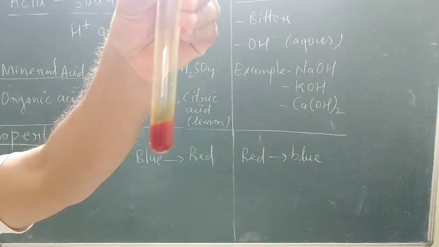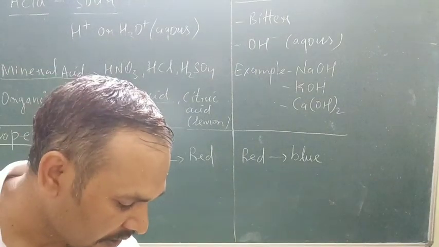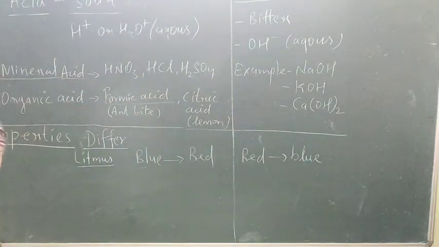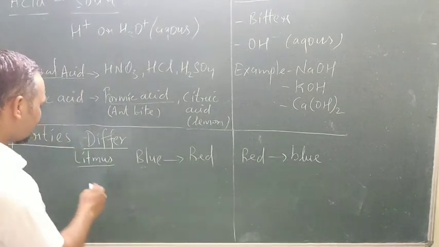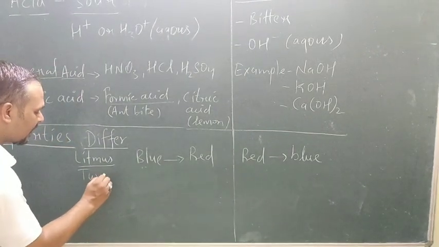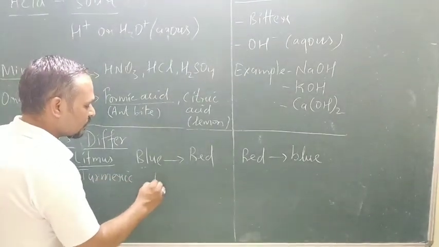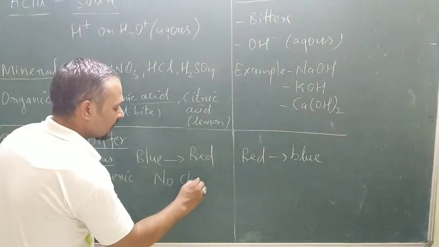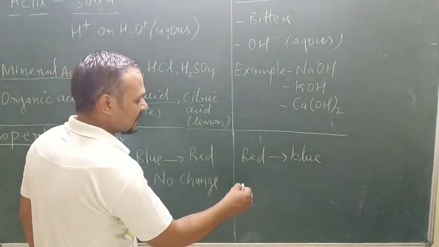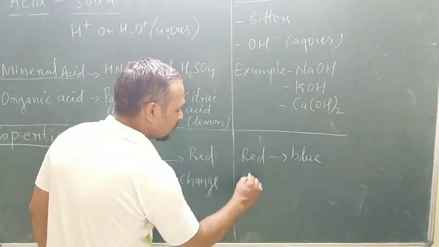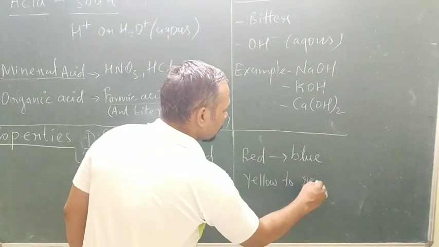Now it has changed into red. That means turmeric is also a natural indicator. There is no change in the solution with acid, but when we add base, it changes from yellow to red.